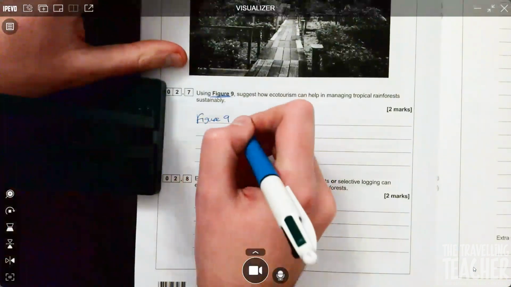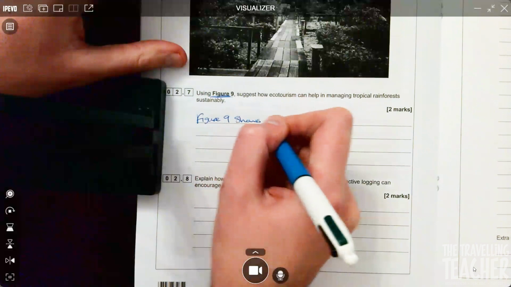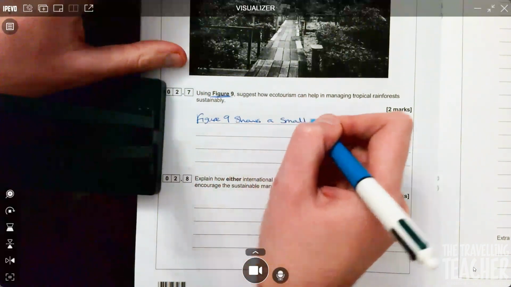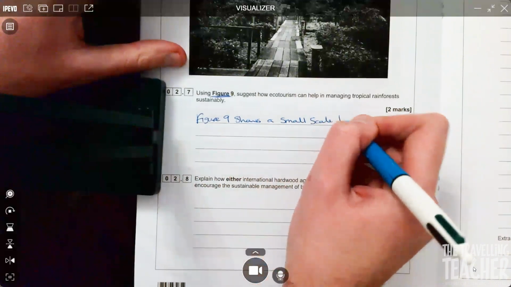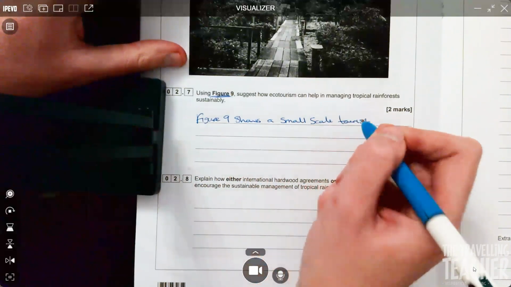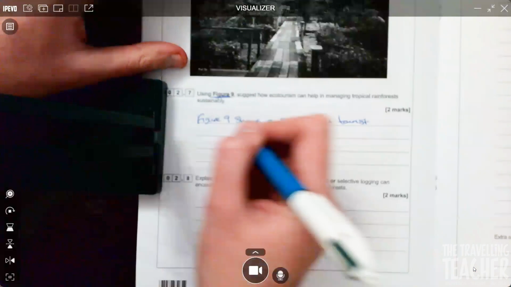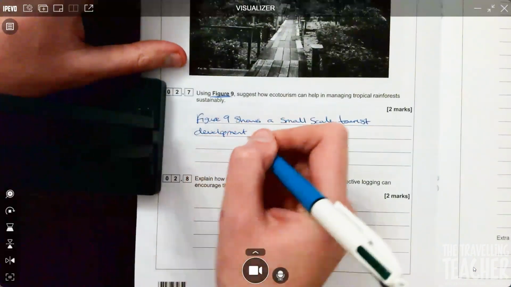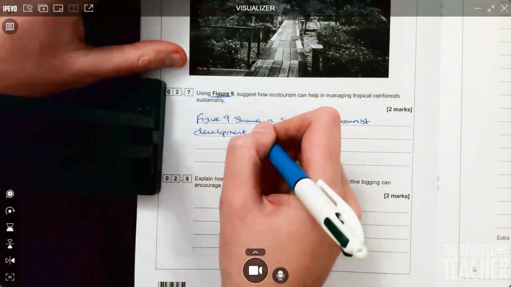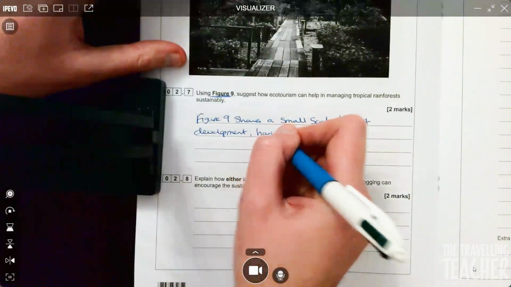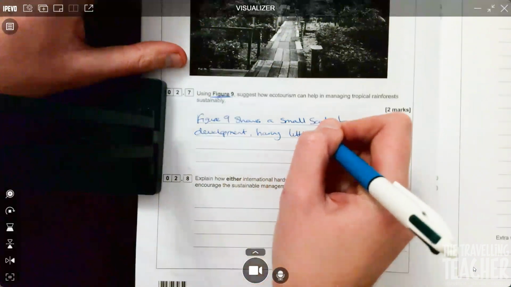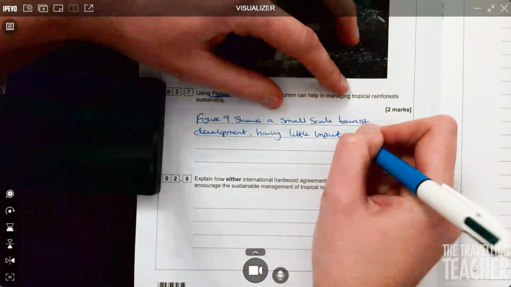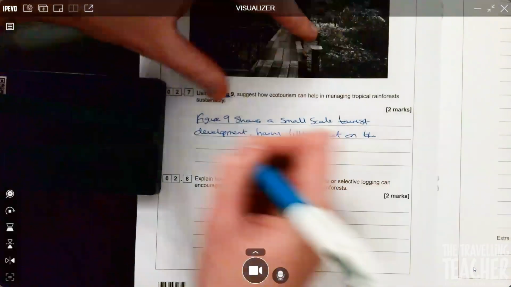Figure 9 shows a small scale tourist development having little impact on the rainforest.